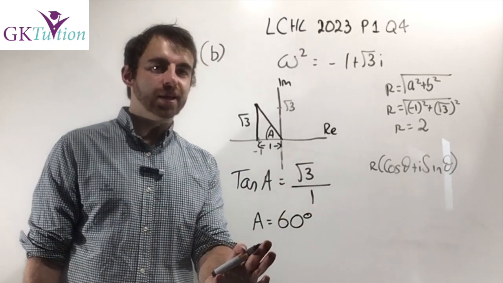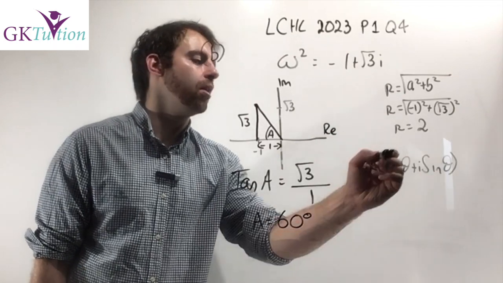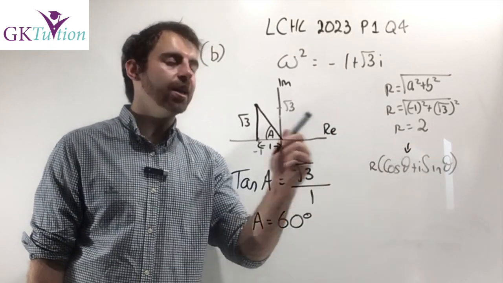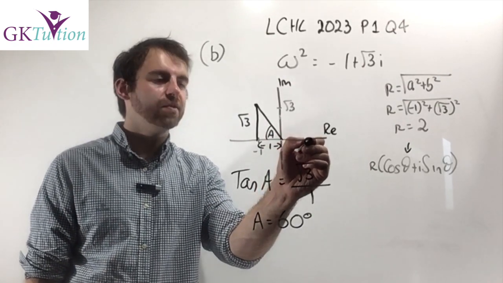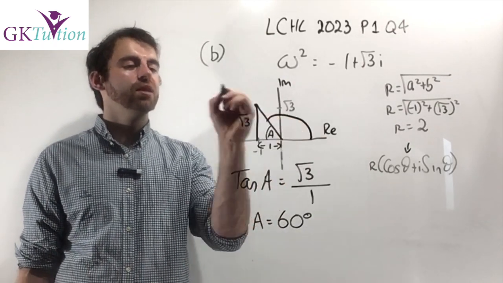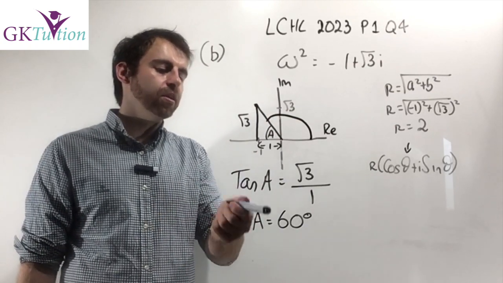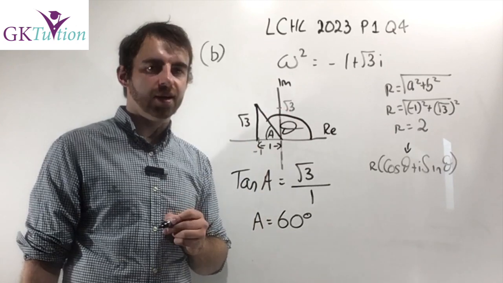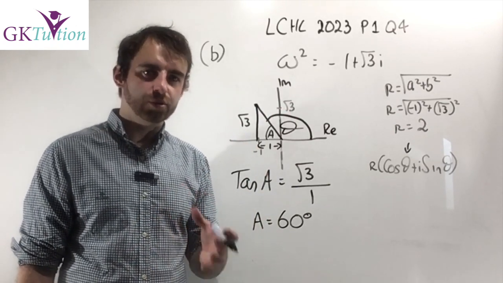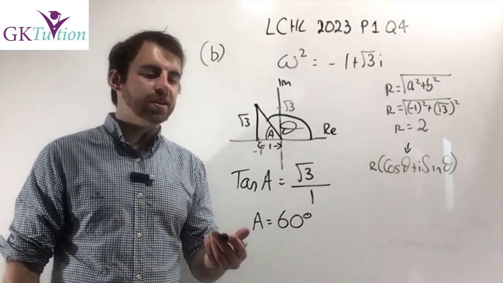But remember that that's not actually the angle you're looking for. We are looking for theta, the argument, and that is the angle that starts on the positive sense of the real axis and goes in this direction. But obviously if I know that this is 60 degrees, it's easy to work out the value of theta. Just think of your unit circle from trigonometry and how you get a value in the second quadrant.